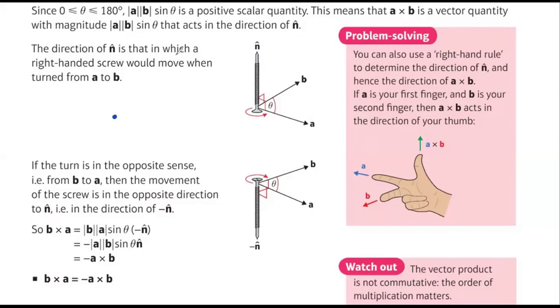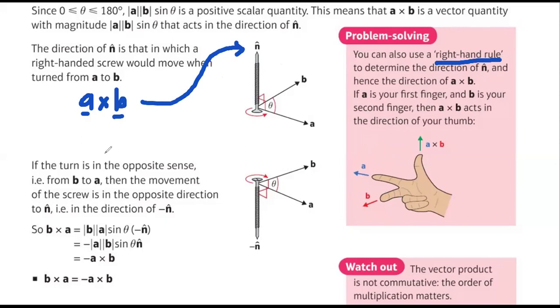If vector A and vector B with the cross product, you have a perpendicular vector like this. You have to find it using the right hand rule like this.